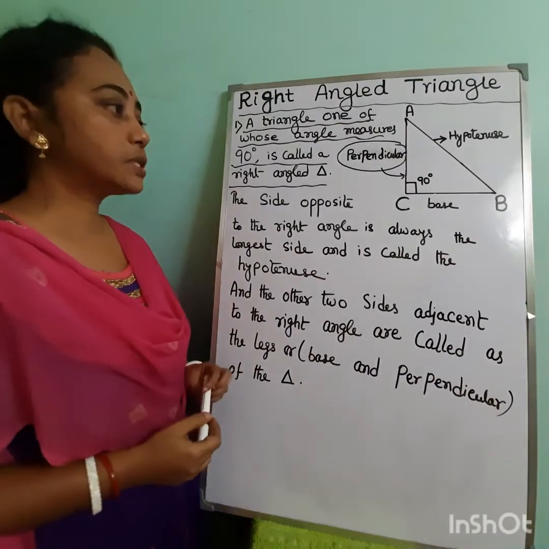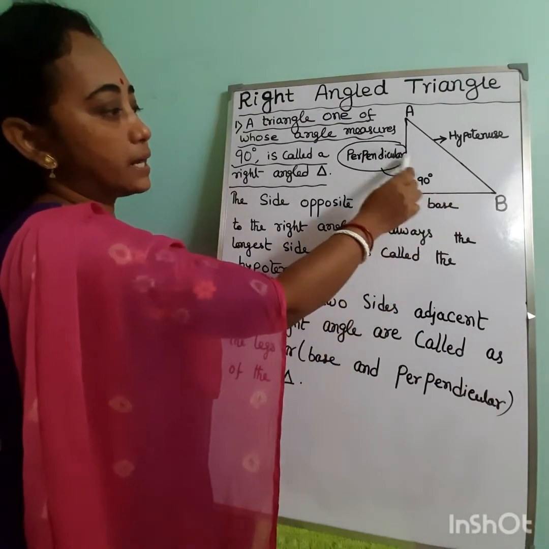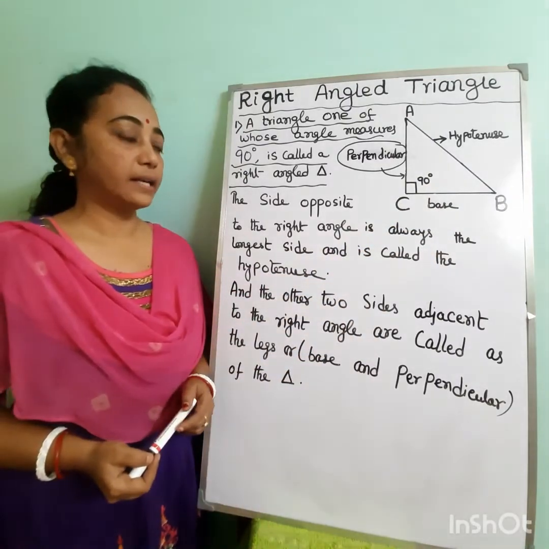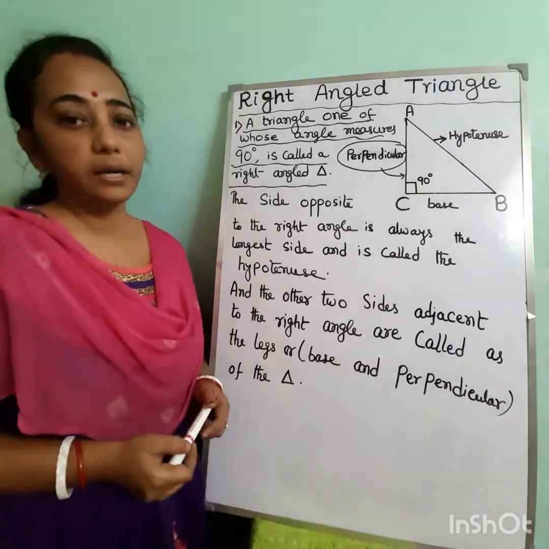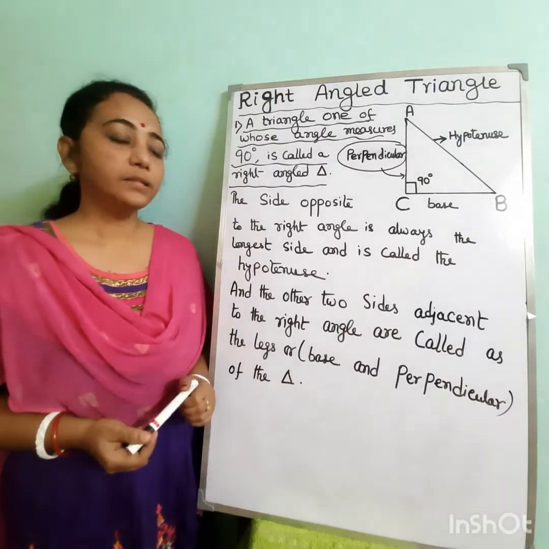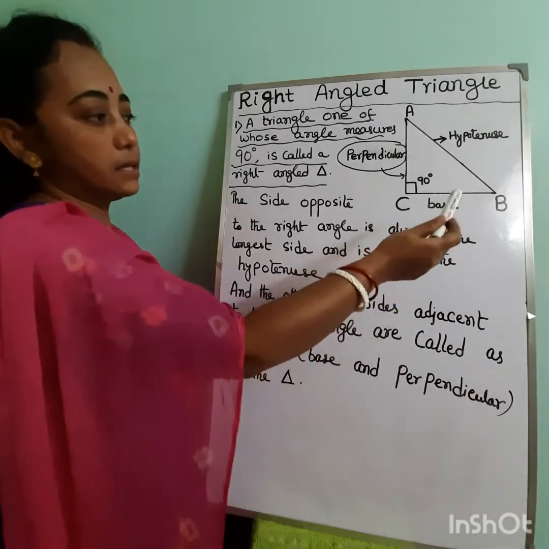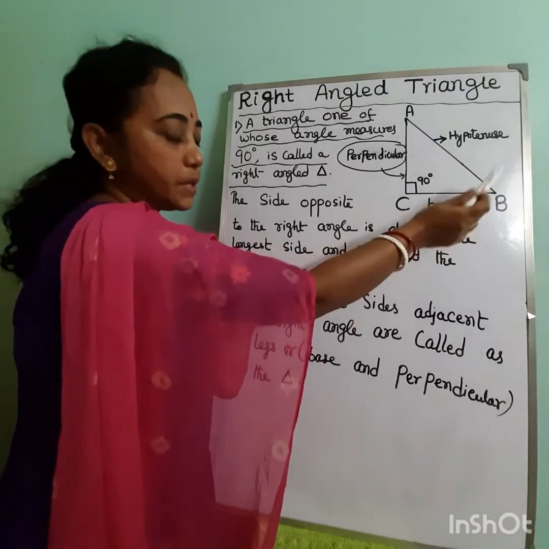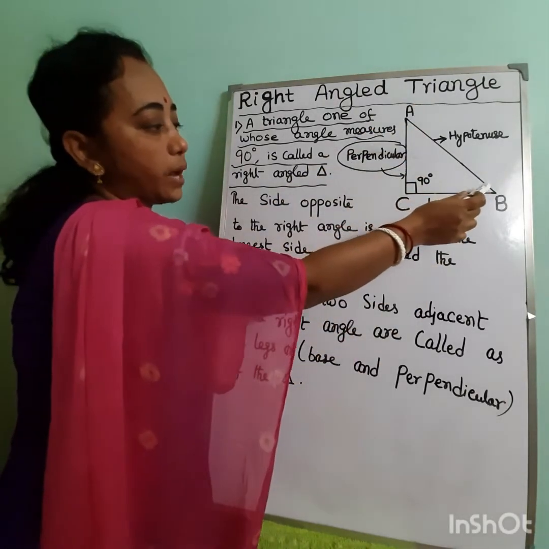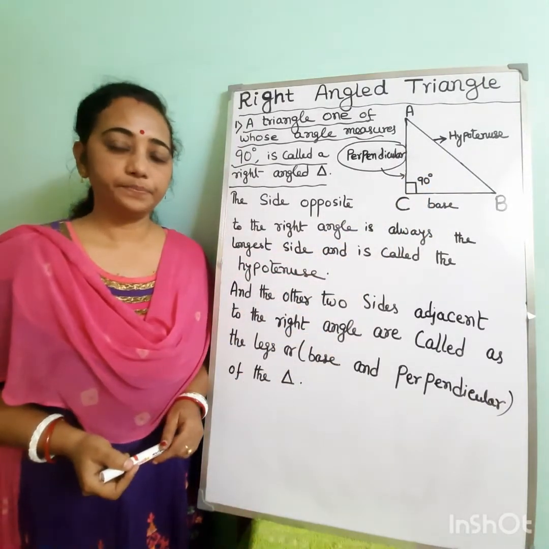And the other two sides adjacent to the right angle, BC and AC, are called its legs, or base and perpendicular. In other words, we can also say side BC is adjacent to angle B, called the base, and side AC is opposite to angle B, called the perpendicular of the triangle.